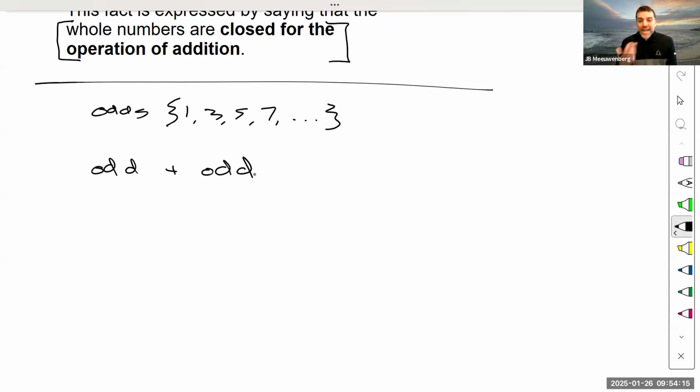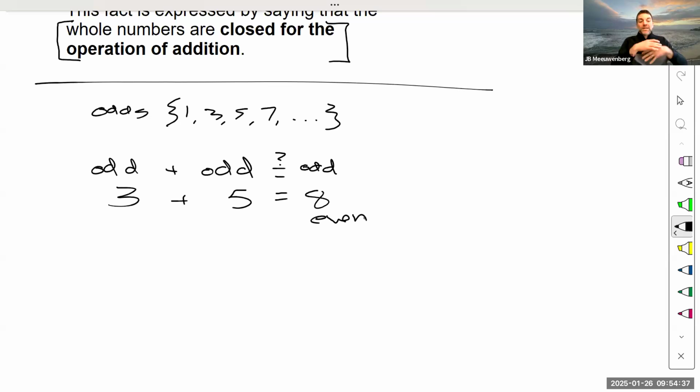Well, you can test this out. Pick two odd numbers. Let's say 3 plus 5. What do you get when you add 3 plus 5? You get 8. Is that another odd number? No, 8 is an even number. So what does that mean then?